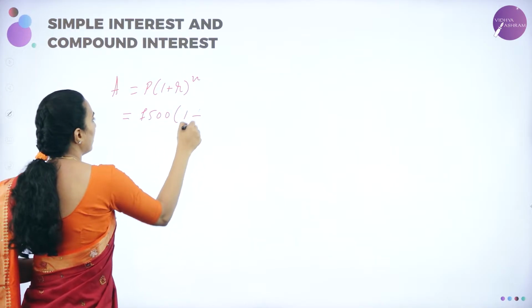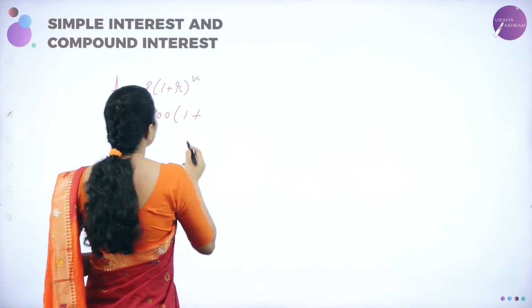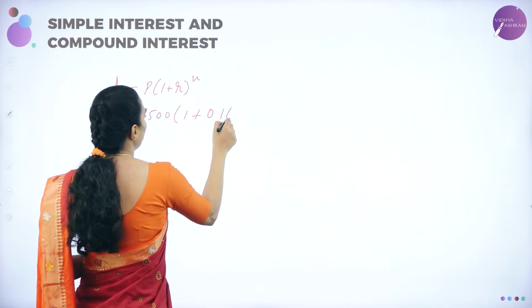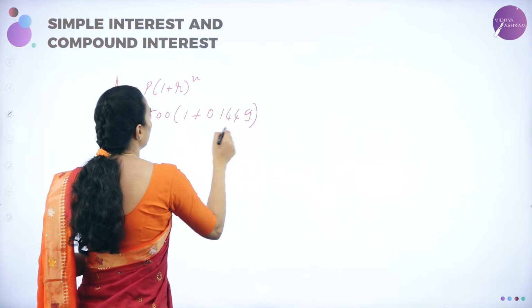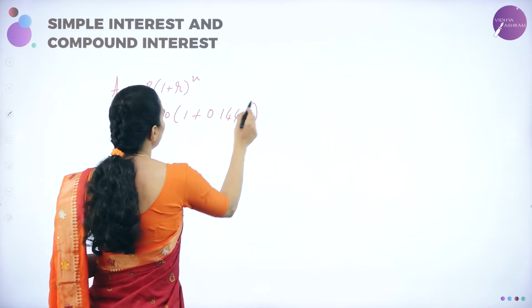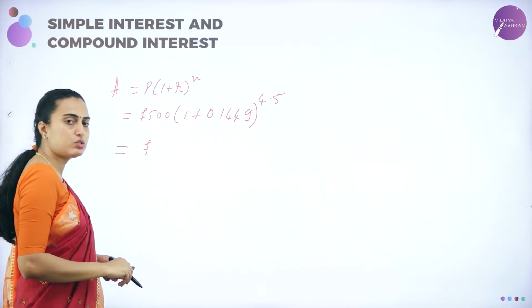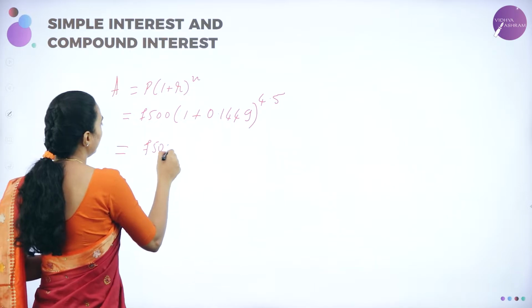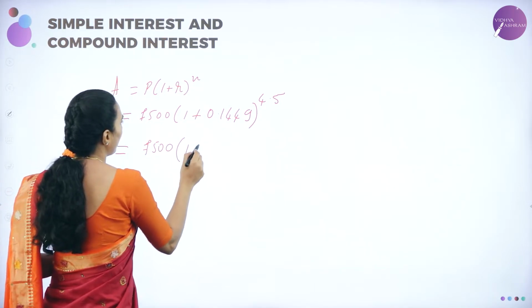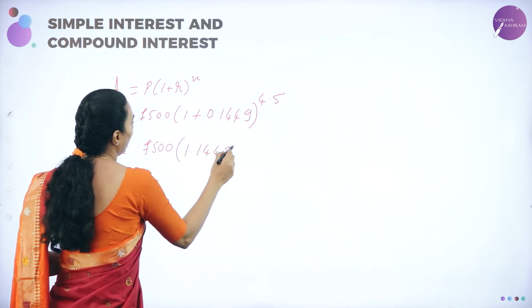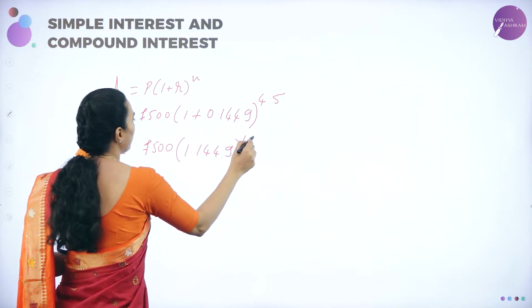So 7,500 into 1 plus R, which is 0.1449, to the power of N, which is 4.5 years. Which will be equal to 7500 into 1.1449 to the power of 4.5.